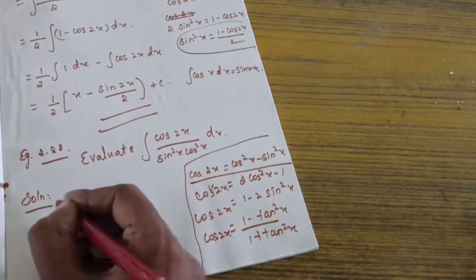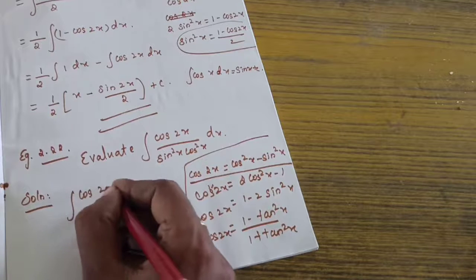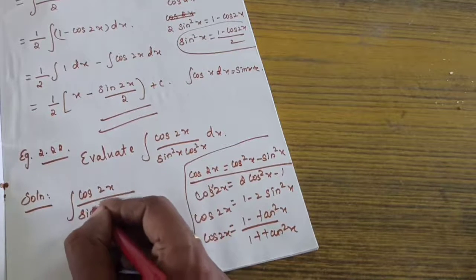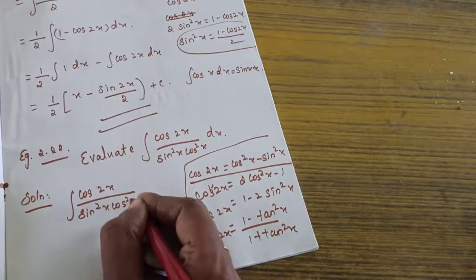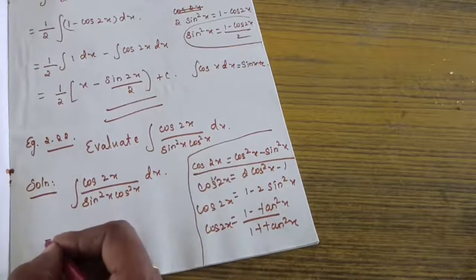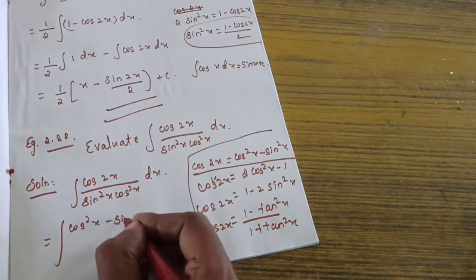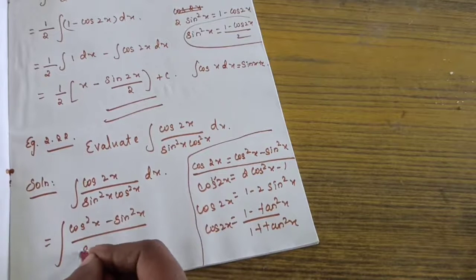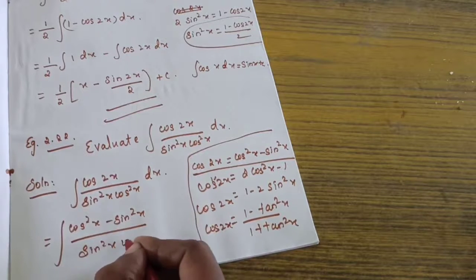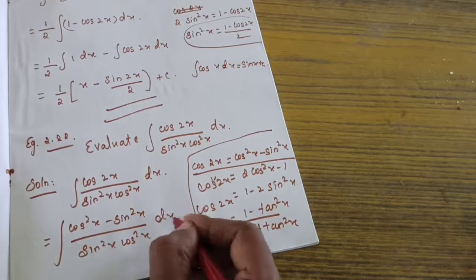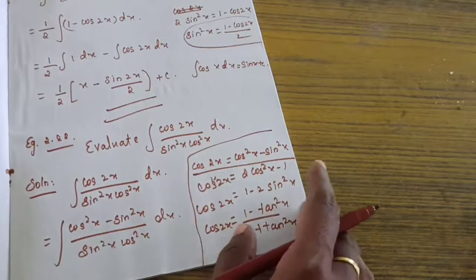Solution: integration of cos 2x divided by sin square x cos square x dx is equal to, use the first formula, cos square x minus sin square x divided by sin square x cos square x dx. Okay. Now I am writing the same step again.